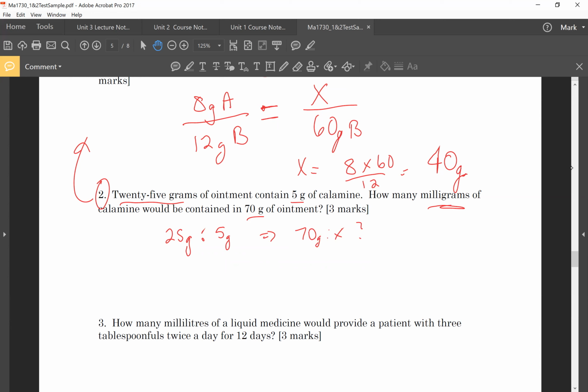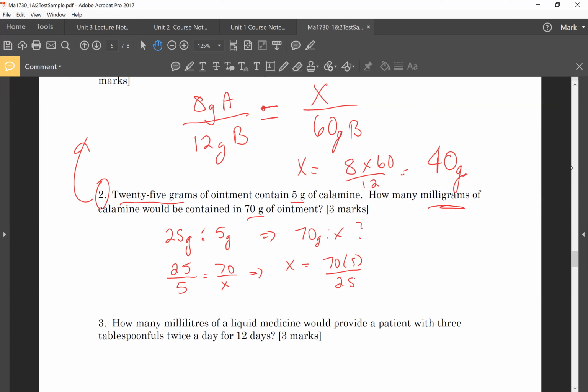So I'm going to set up my fractions again. It doesn't really matter which you put on the top and which you put on the bottom because we're going to cross multiply. So 25 over 5 equals 70 over x. What that means is x will be 70 times 5 over 25. I'm just cross multiplying and solving this.